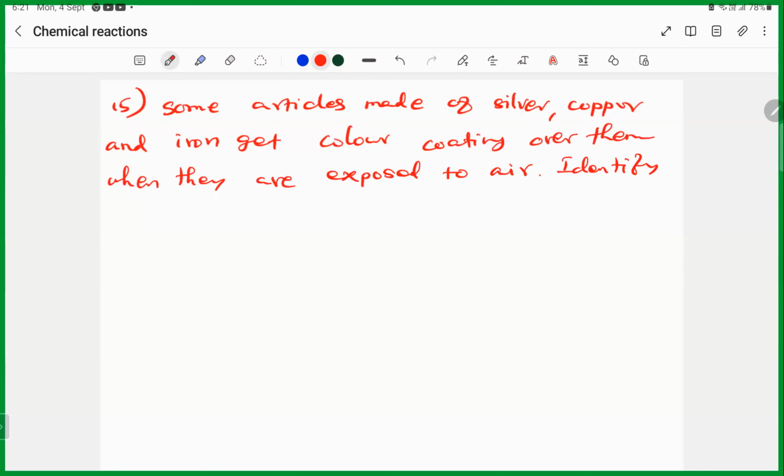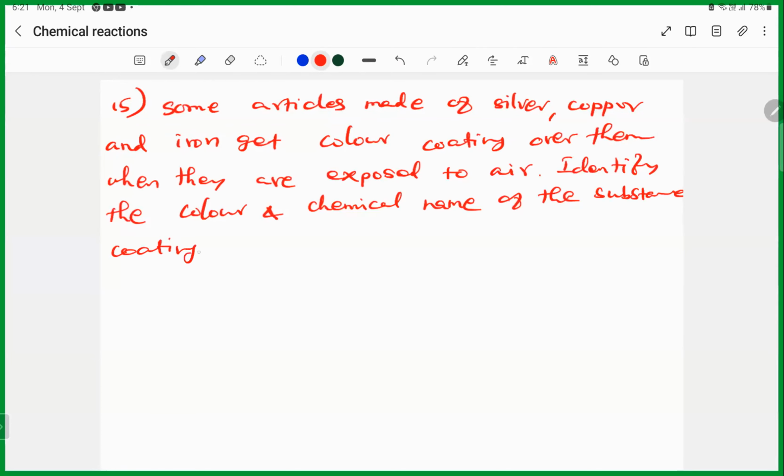Identify the color and chemical name of the substance coating in each case.